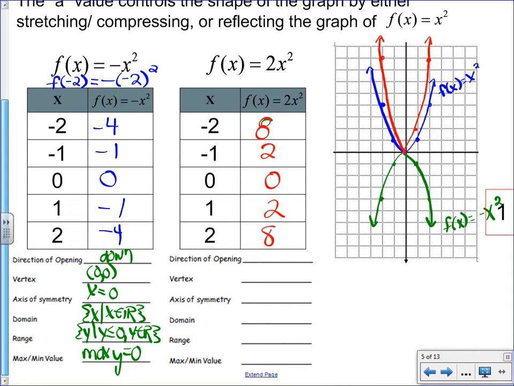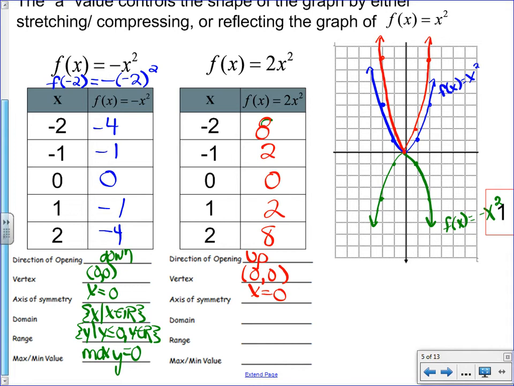Okay, Jenny, what's the direction of this new graph? Up. Good. What's my vertex, Danielle? 0. Good. The axis of symmetry, Carissa, what is that? x equals 0. Perfect. Laura, what's my domain here? It's the same for all of these because it will hit all x values.